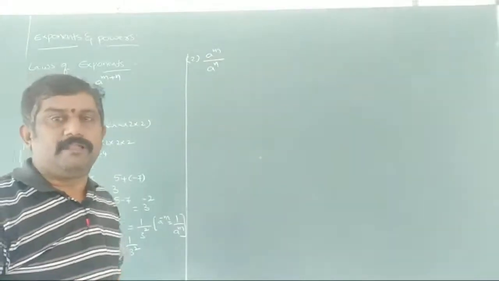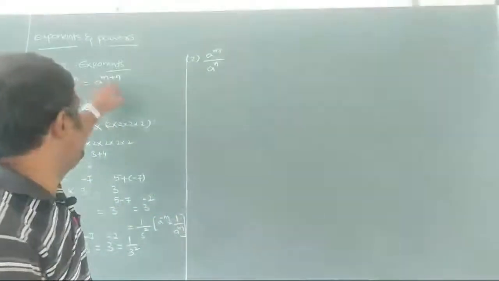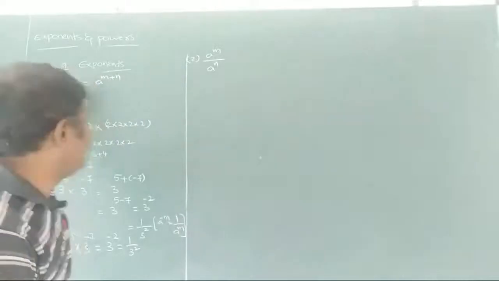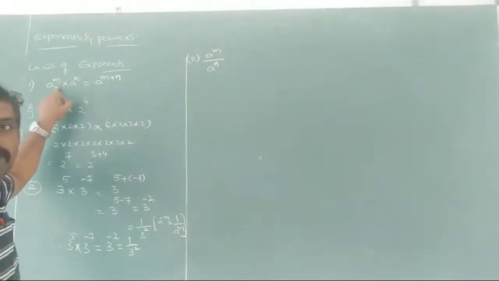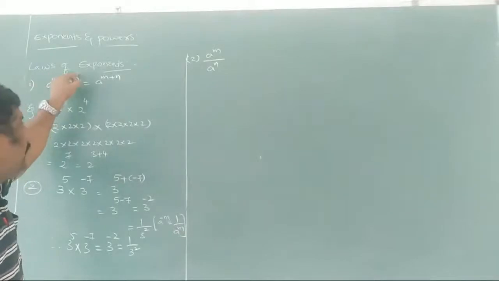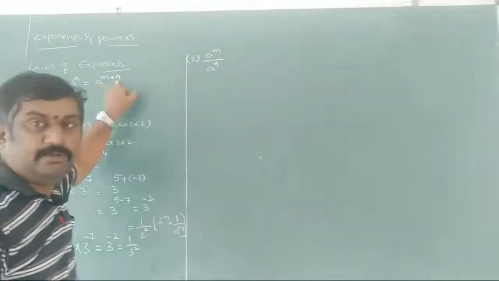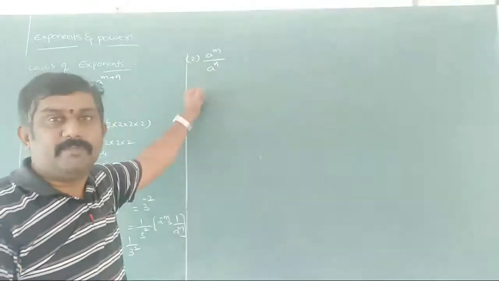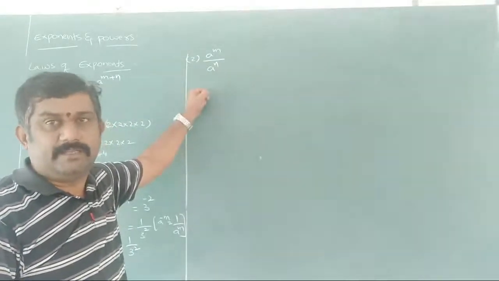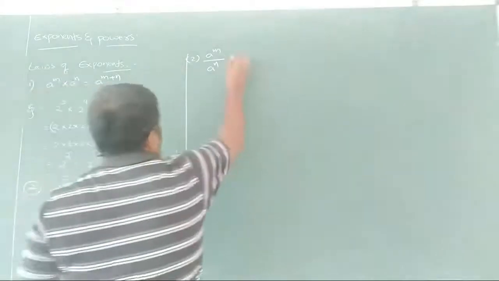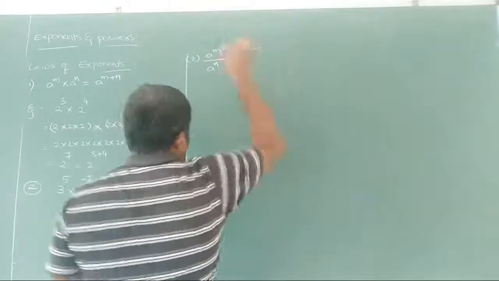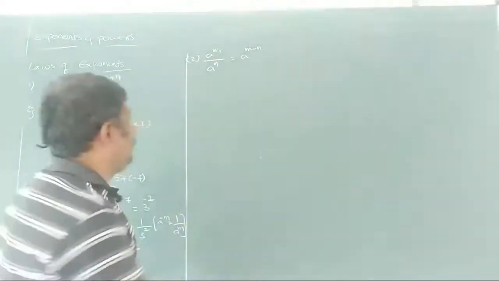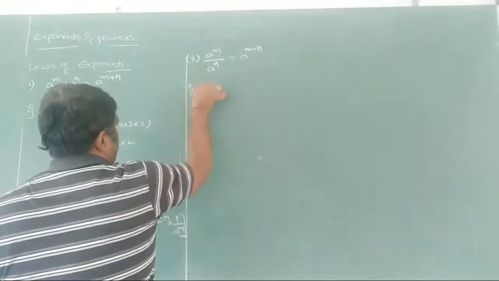Observe that for multiplication we got addition of powers, whenever the bases are equal. Now it is division, so you can estimate very easily. We will get a to the power of m minus n. Let me take an example for this.